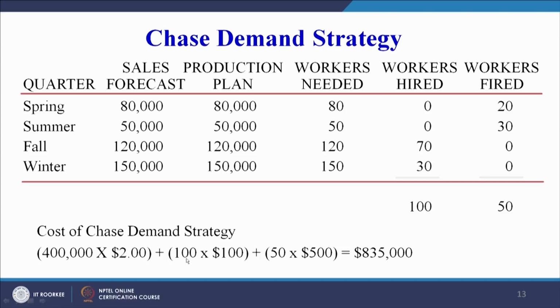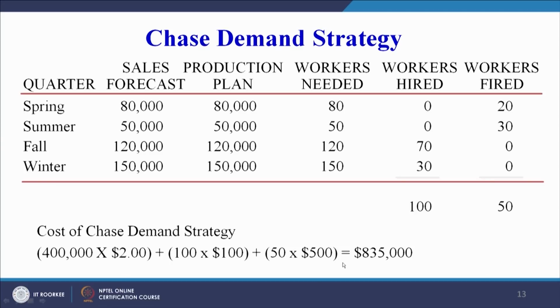So 100 workers we are hiring and the cost of hiring per worker is $100. So this is giving us the hiring cost, and then we have to calculate the firing cost also. We are firing 50 workers and 50 multiplied by the firing cost for each worker, that is $500.